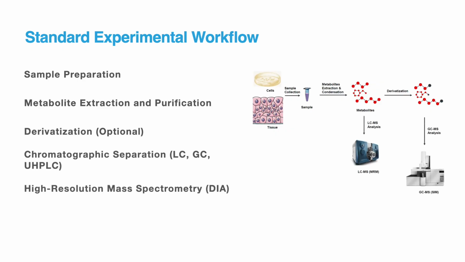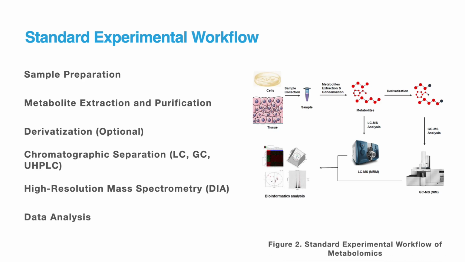The workflow then moves to its core step: chromatographic separation combined with high-resolution mass spectrometry detection. Using LC, GC, or UHPLC greatly enhances the separation of complex mixtures, while high-resolution MS together with the data-independent acquisition mode provides comprehensive coverage and precise detection.